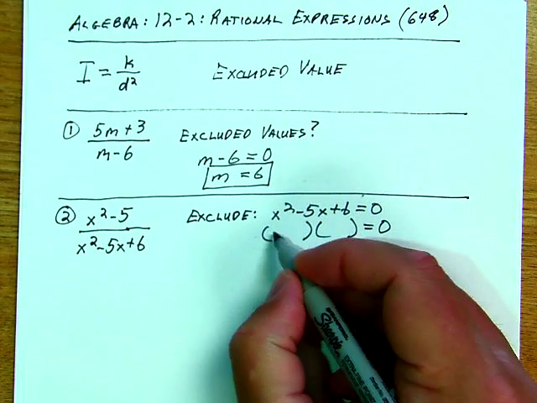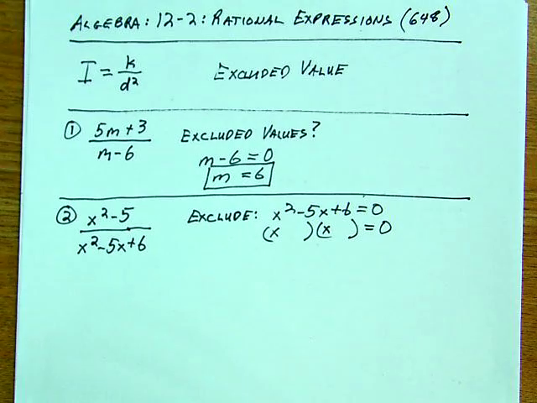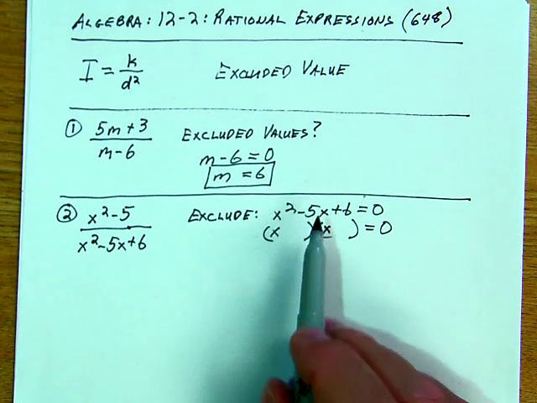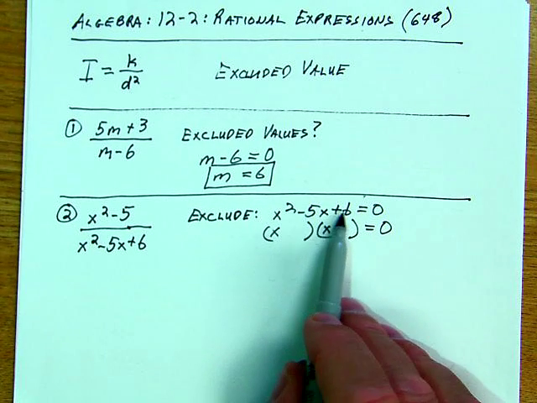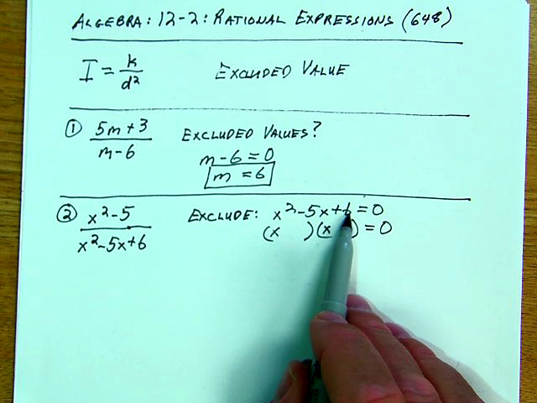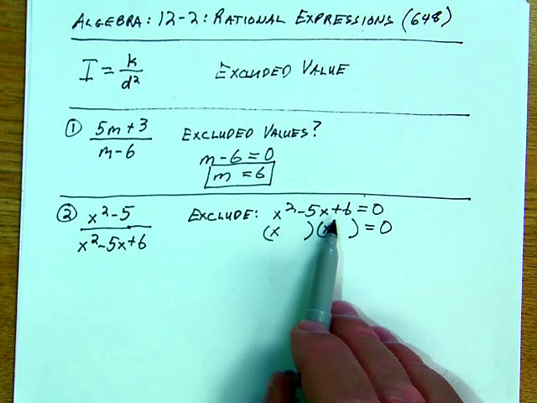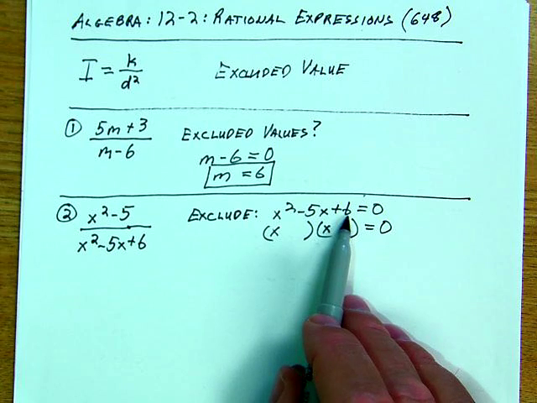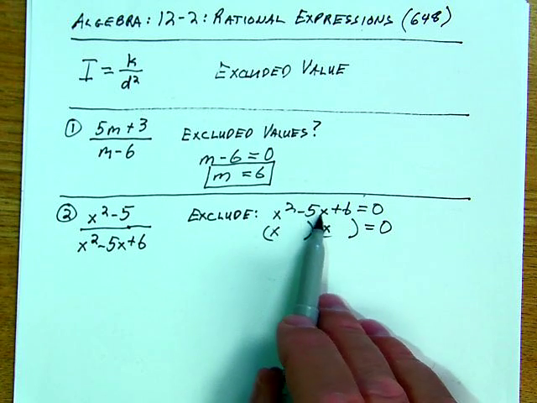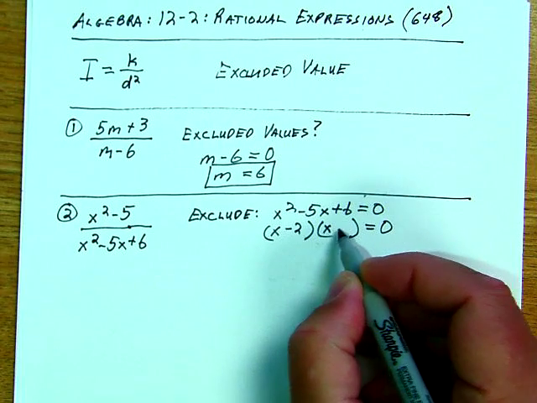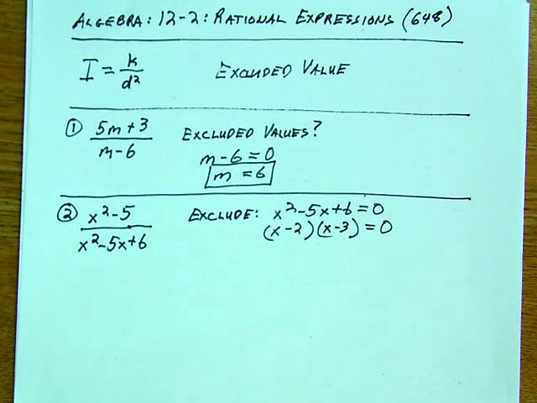I know that my first terms are always x and x. That gives me my x squared. Now I need to factor, and I'll do it in my head. What two numbers multiplied together give me positive 6, and added together give me negative 5? Well, 2 times 3 is 6, and if they're both negative, they'll add together to be negative 5. So negative 2 and negative 3. Okay?